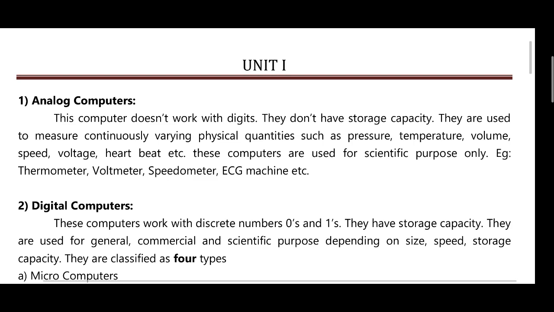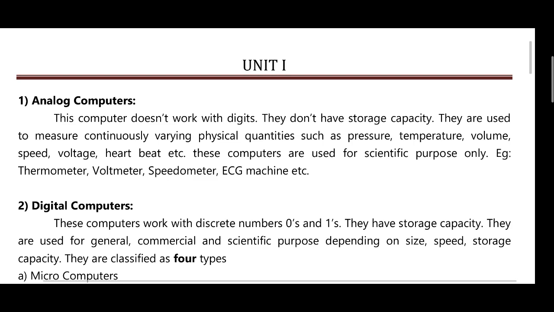They are used to continuously measure physical quantities such as pressure, temperature, volume, speed, voltage, heat, etc. These computers are used for scientific purposes. For example, thermometer, voltmeter, speedometer, ECG machine, like this.